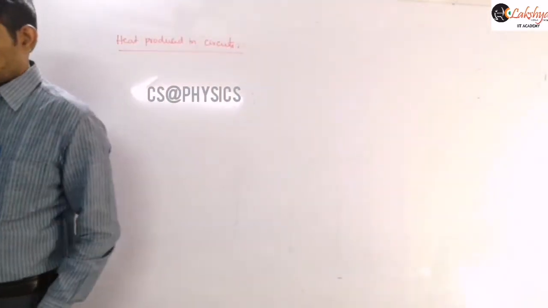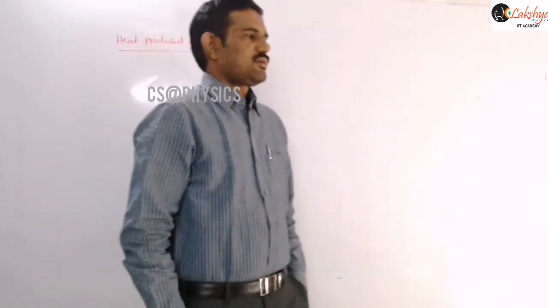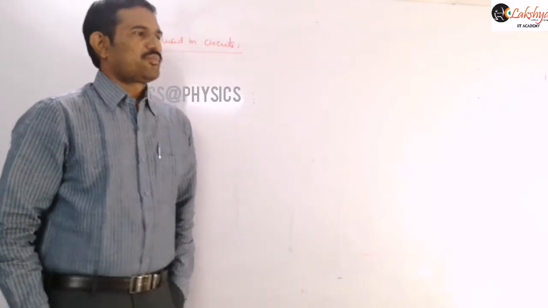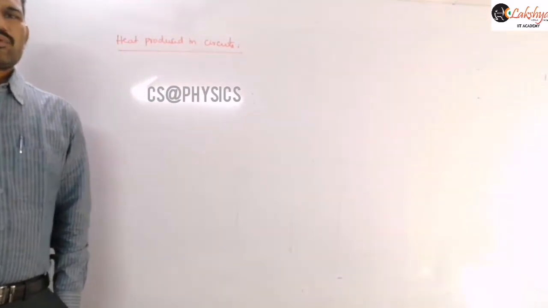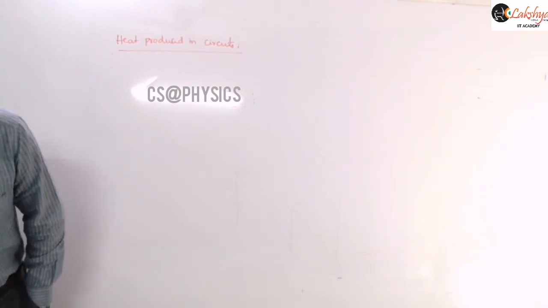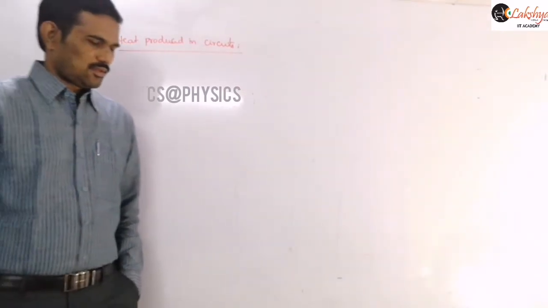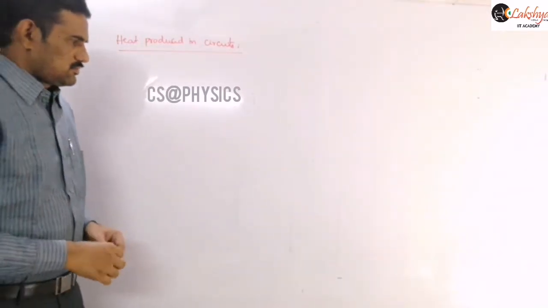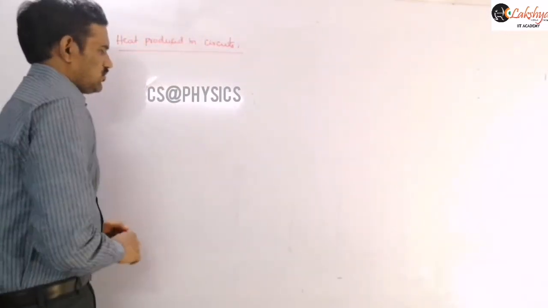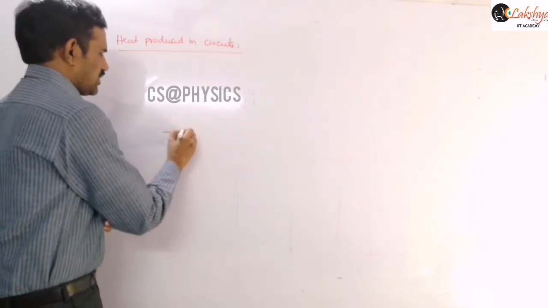So write that problem. A capacitor of capacitance 4 microfarad is charged to a potential difference of 24 volts.